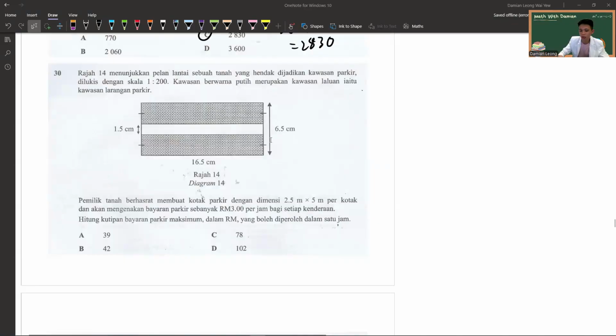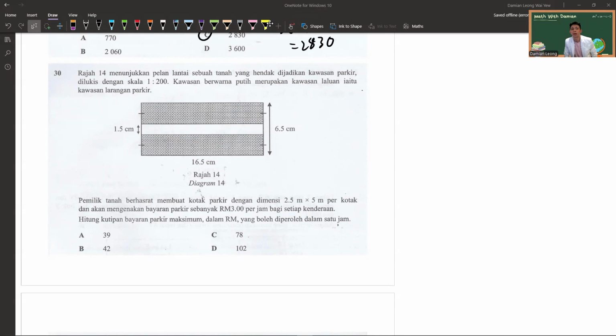Now, question 30. So we have a plan of a land, okay, floor plan of a land that wants to become a parking area drawn in a scale of 1 to 200. So the white area, okay, is the passageway, which is the non-parking area.